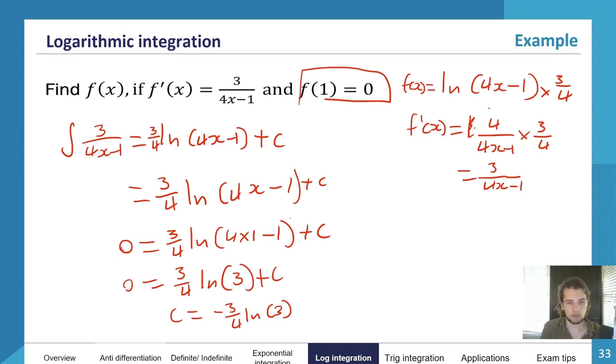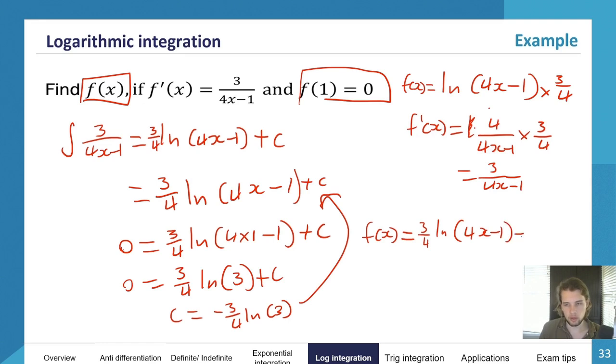So that means we can substitute that into our function, and then we have our final function. In this scenario, it's better to write f(x), because that's what it's asking for. It wants you to find f(x). f(x) is equal to 3 over 4 ln(4x minus 1) minus 3 over 4 ln 3.